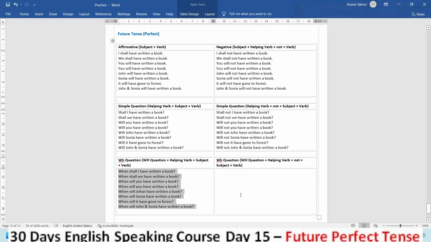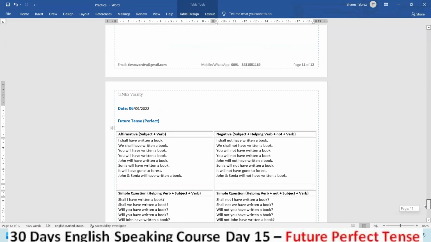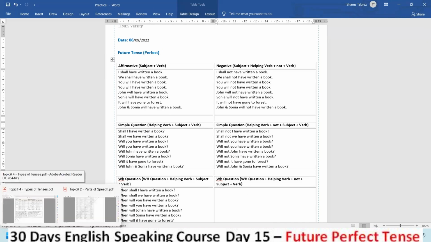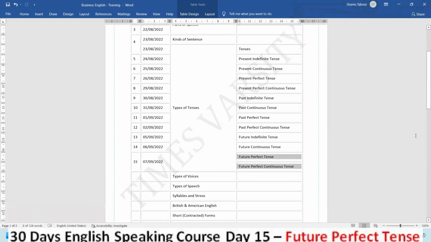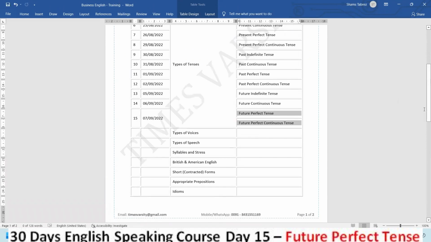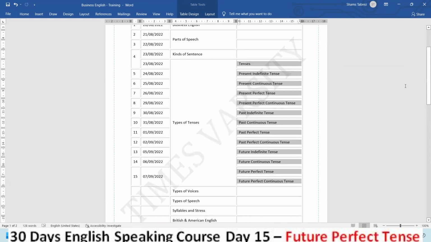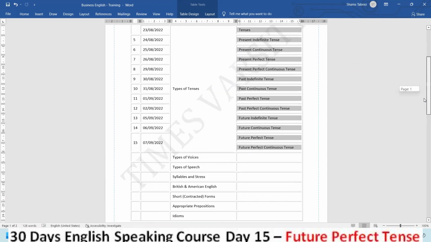Whatever we are currently discussing is actually active voice. In our next topic, look at these labels here. In our next session, we are going to discuss types of voices. So whatever we discuss here in types of tenses is nothing but active voice.